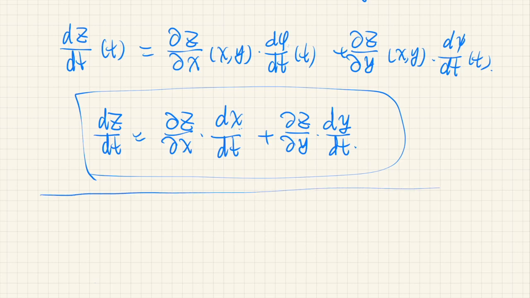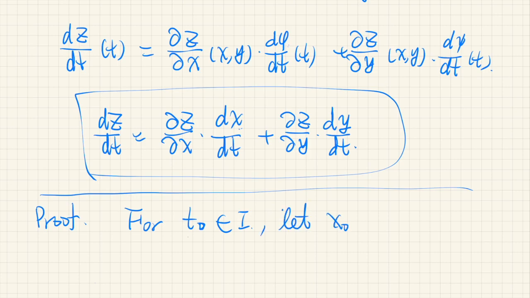Okay, let's prove the chain rule of this version. Proof. First, we pick any element from the interval I, and let that element be t0, and let x0 be phi of t0 and y0 be psi of t0.